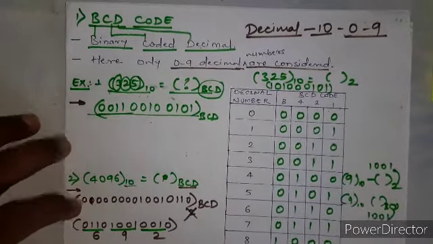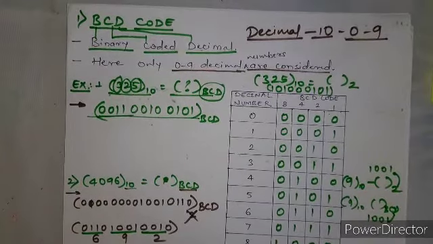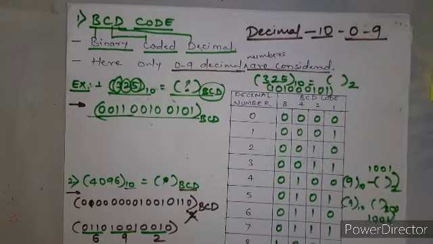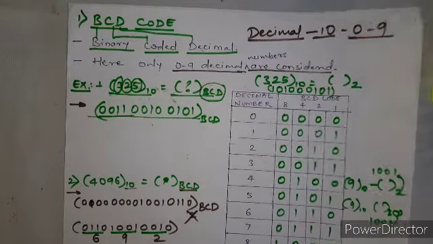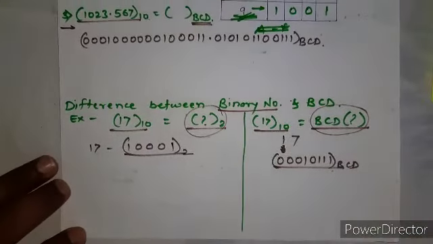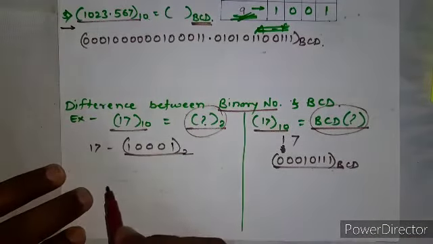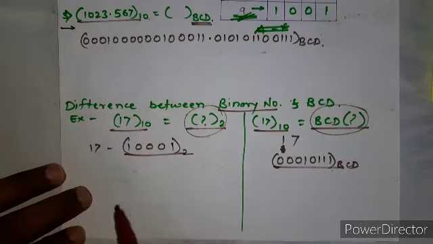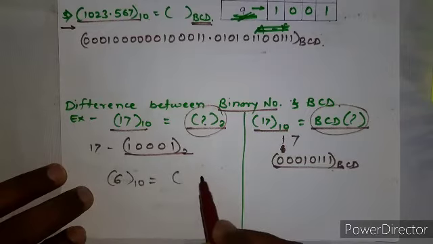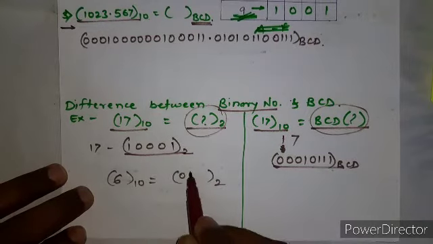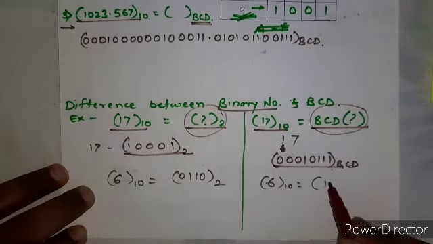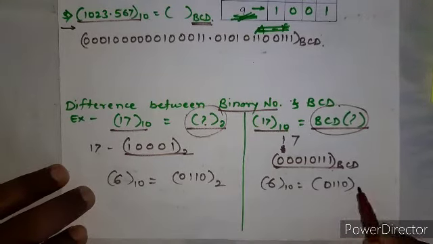So once again, don't get confused between a binary number and a binary coded decimal number. You may find a number less than or equal to 9. If I say 6, a decimal number, and convert that to binary, it is 0110, and the same we have for BCD, 0110.